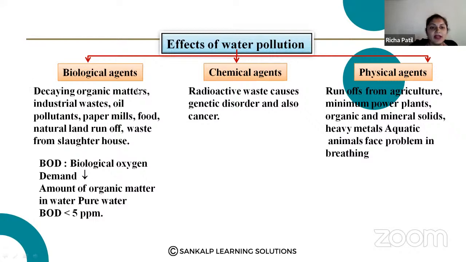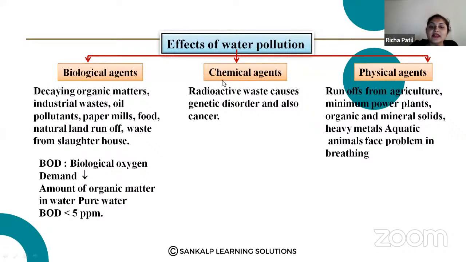If some biological wastes are there, they will undergo decay by self degradation, because of the presence of bacteria and fungi, which decay the organic matter. If industrial wastes are there, these all will affect water pollution.